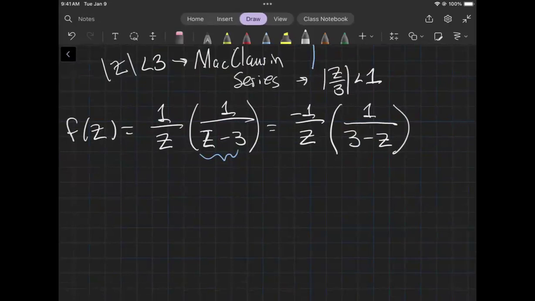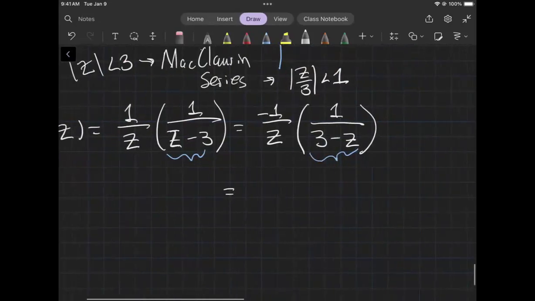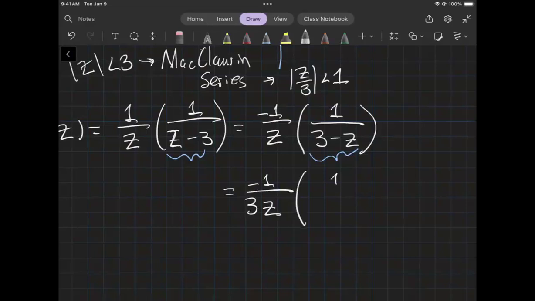Now, if you notice, this looks somewhat familiar, right? If I factor out one more term, a 3, I can express this function one more time as minus 1 over 3z times 1 over 1 minus z over 3.